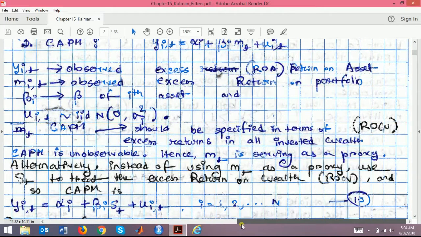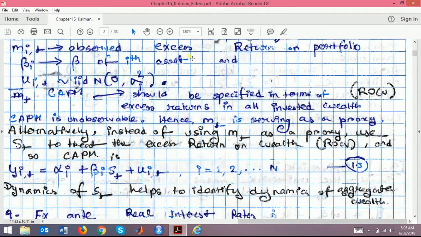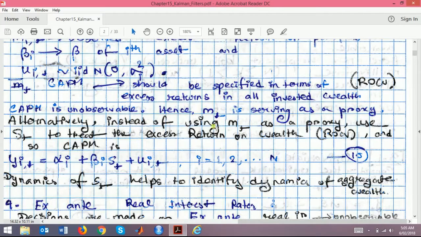CAPM should be specified in terms of excess returns on all invested wealth. The market portfolio is unobservable. Hence, m_t, which is the portfolio's return, is serving as a proxy. So you have the asset's return and you have the portfolio's return. Alternatively, instead of using m_t as a proxy, we can simply use a latent factor s_t to treat the excess return on wealth.